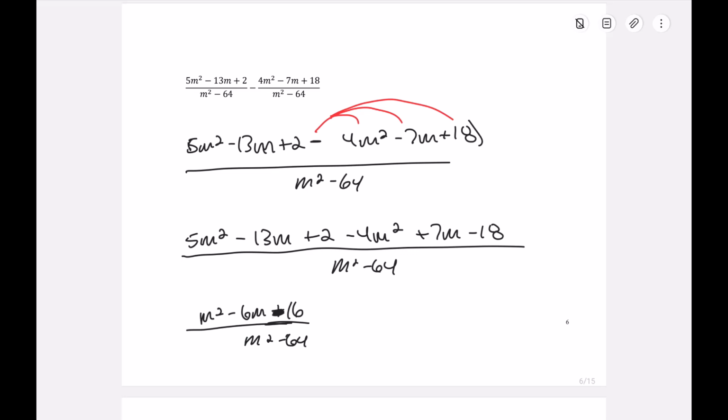If we factor, we would get (m plus 2)(m minus 8), and in the bottom it would just be a difference of squares, so you would have (m plus 8)(m minus 8). Now we can cancel, and we see that we have an m minus 8 in the top and the bottom, and so our answer would be m plus 2 all over m plus 8.